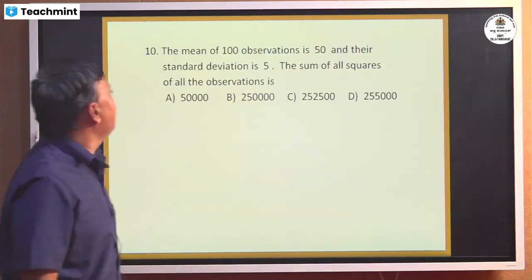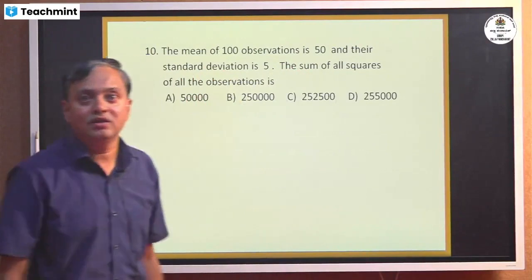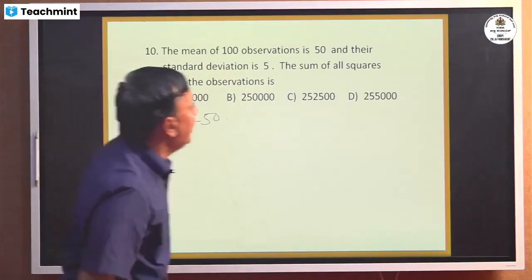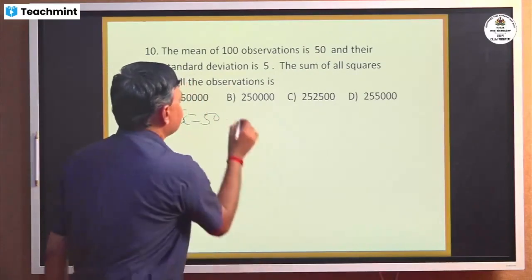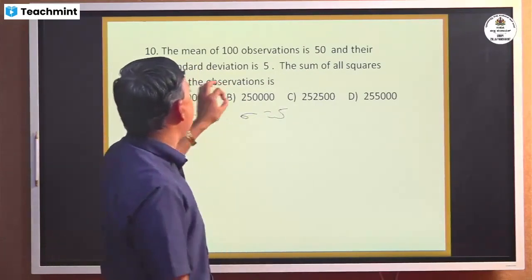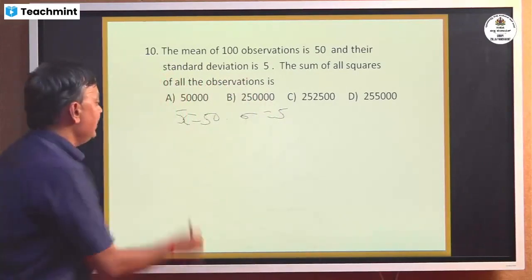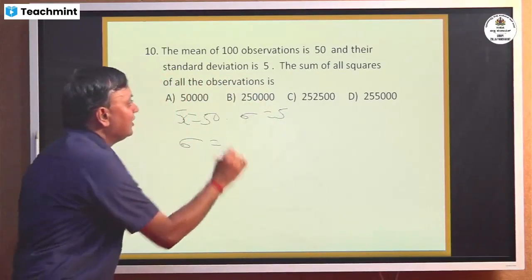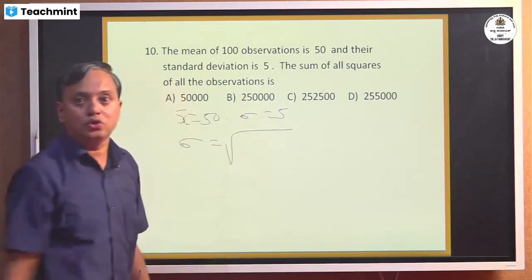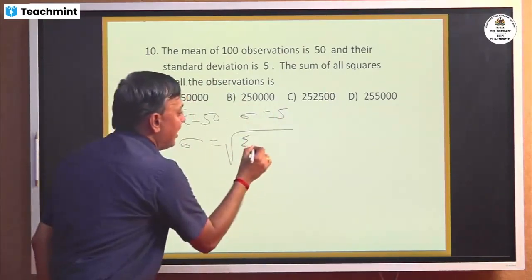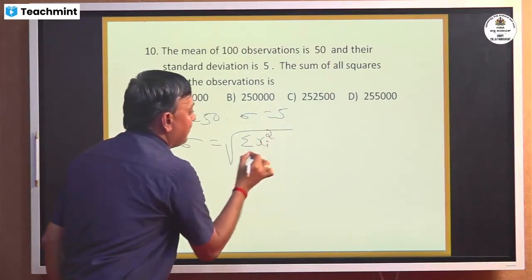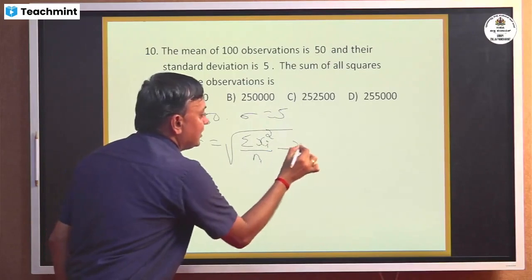Next, the mean of 100 observations is 50, mean x bar is 50, and their standard deviation sigma is 5. We need the sum of the squares of all the observations. So what is the standard deviation formula? Sigma is equal to the root of sigma xi square by n minus x bar square.